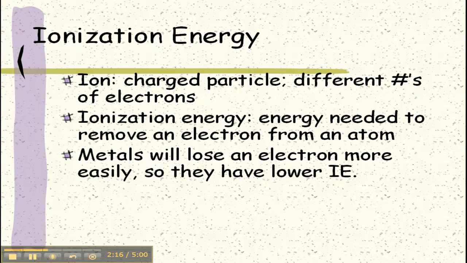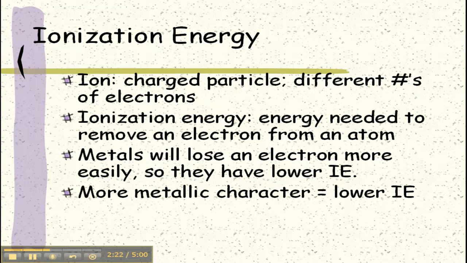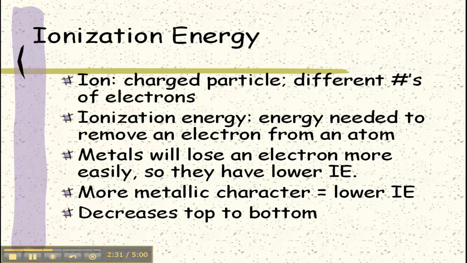That's what they like to do to form ions. So they're going to have lower ionization energy. The more metallic character an atom has, the lower the ionization energy is going to be. It's going to decrease from top to bottom, and it's going to increase from left to right.